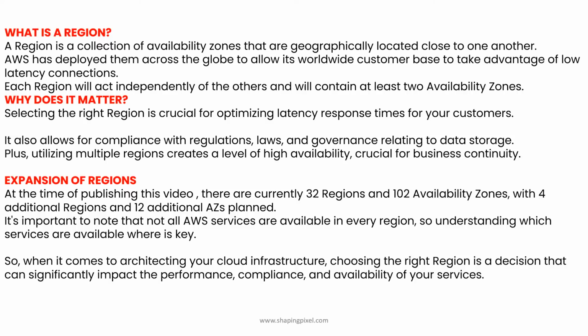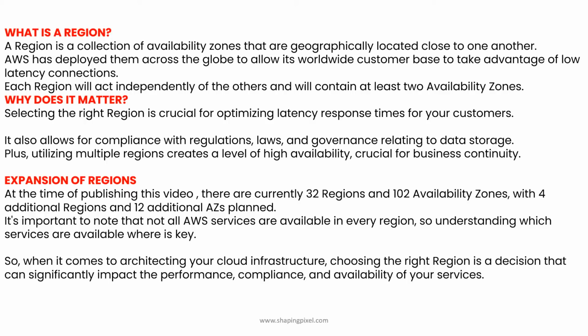Each region will act independently of the others and will contain at least two availability zones. Selecting the right region is crucial for optimizing latency response times for your customers. It also allows for compliance with regulations, laws, and governance related to data storage. Plus, utilizing multiple regions creates a level of high availability crucial for business continuity.